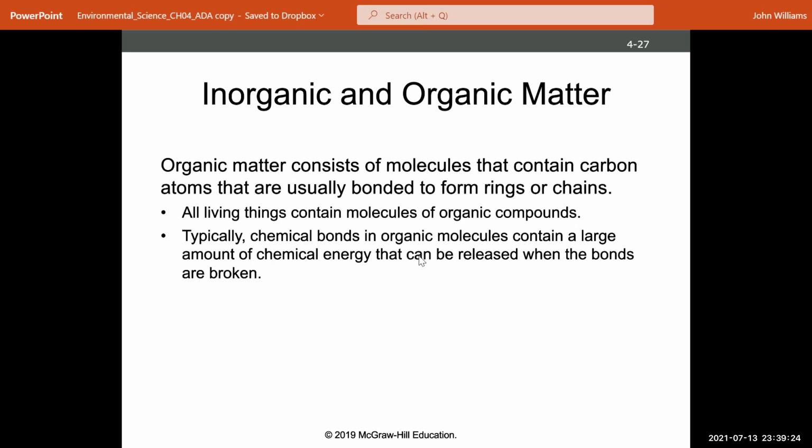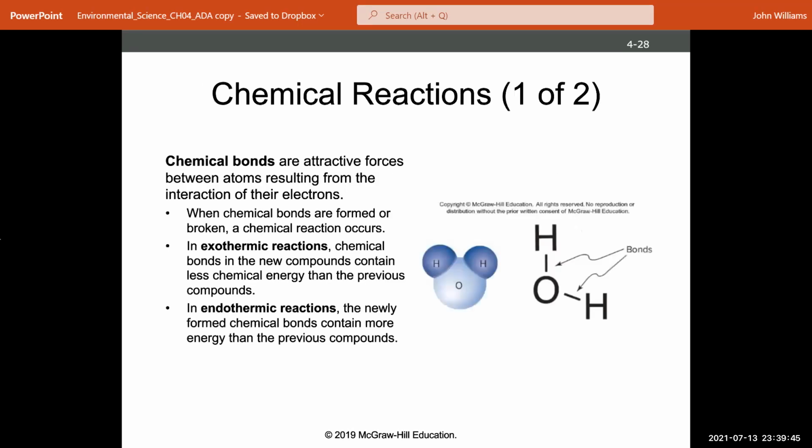And chemical bonds in these organic molecules actually contain energy that can be released when the bonds are broken. So for example, when a glucose molecule is broken apart, the energy in those carbon bonds is released and then stored as ATP molecules, which can then be used for work within the body.